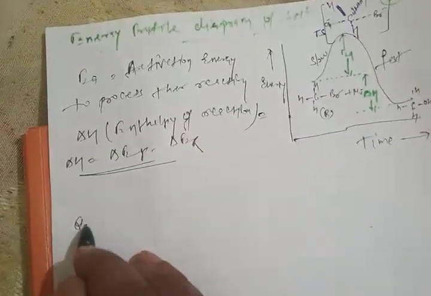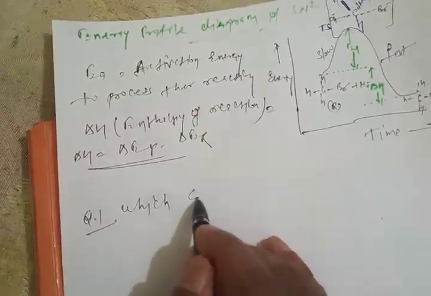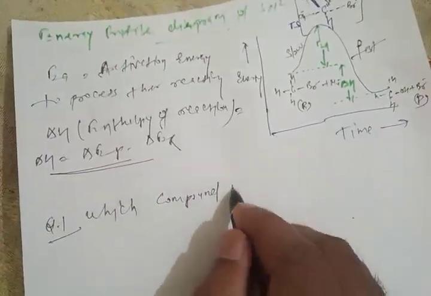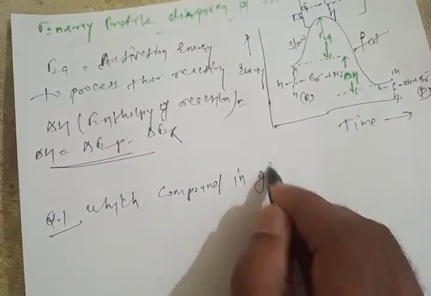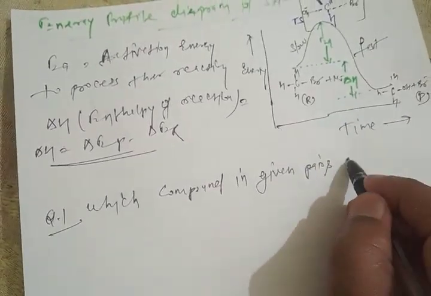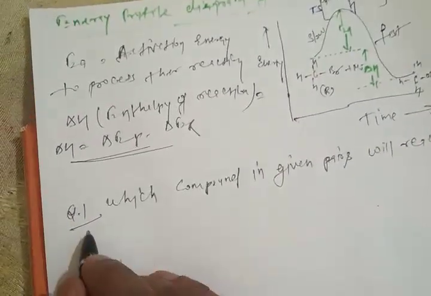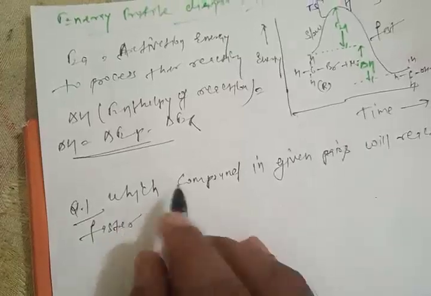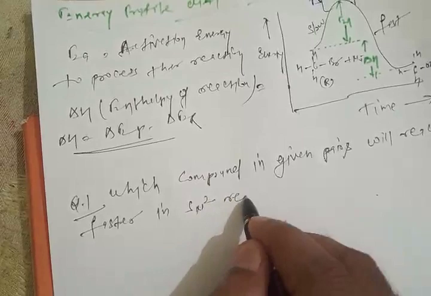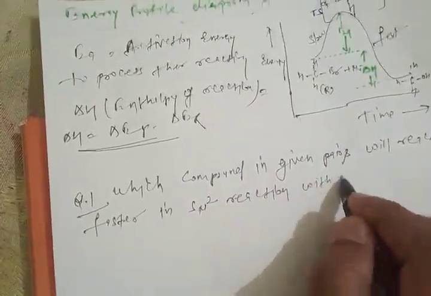So question number one: which compound in the given pairs will react faster in SN2 reaction with OH negative.